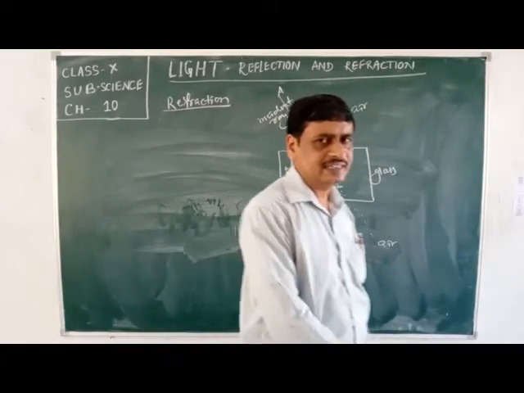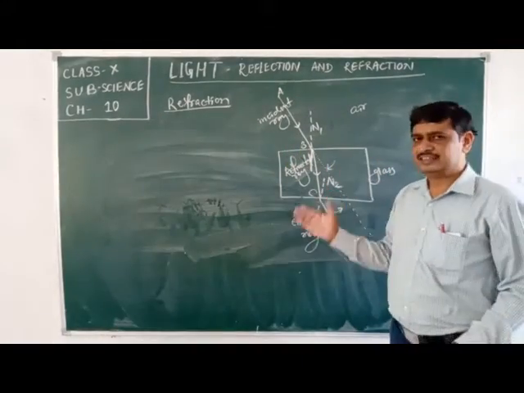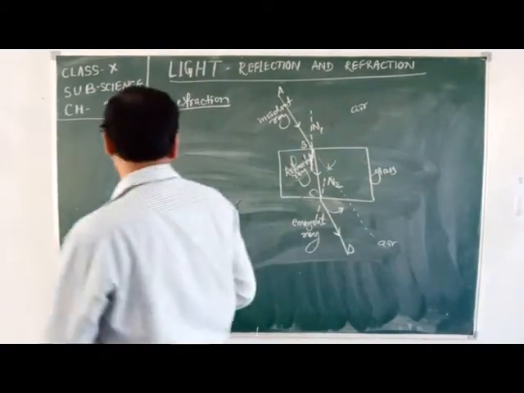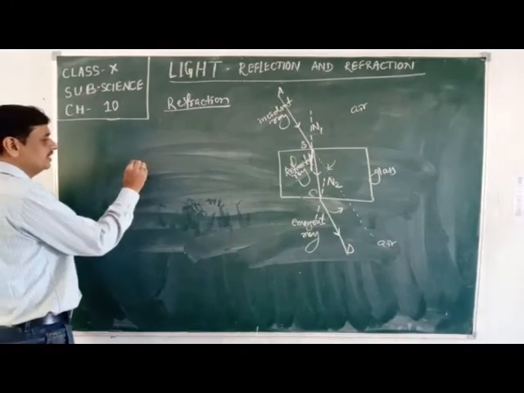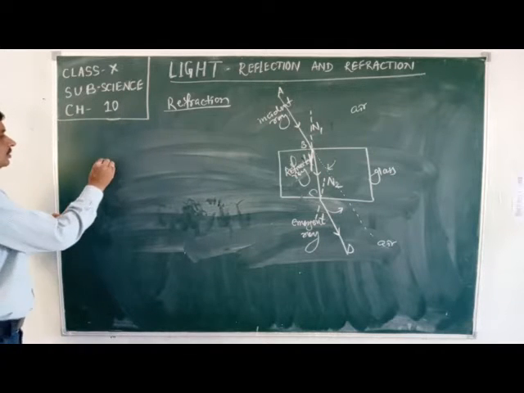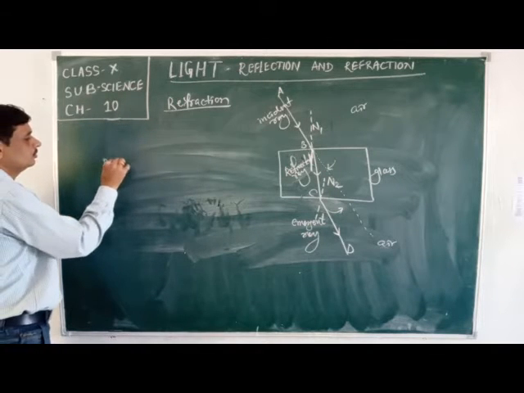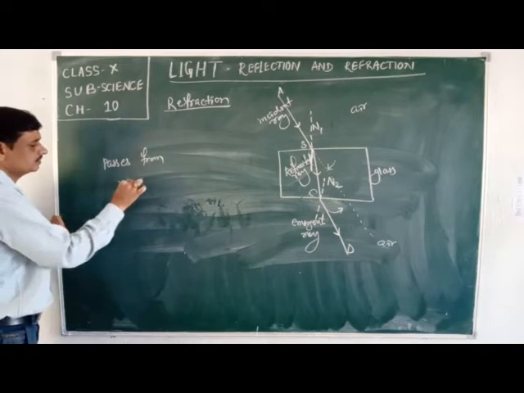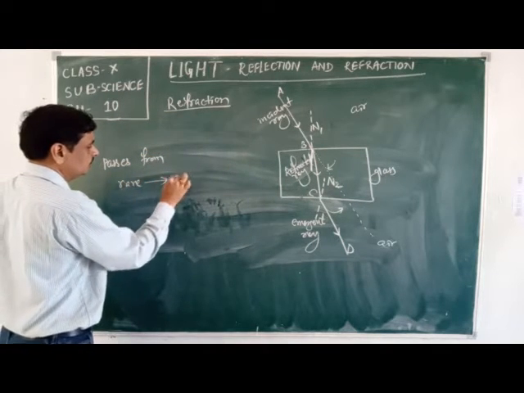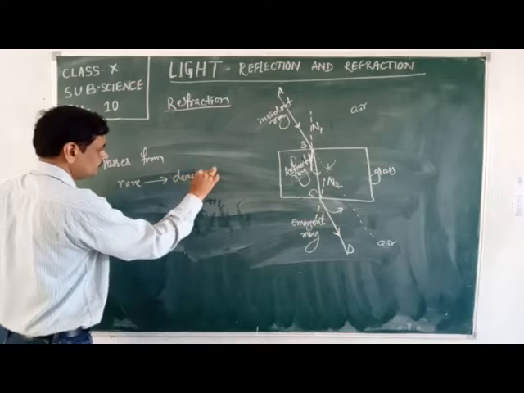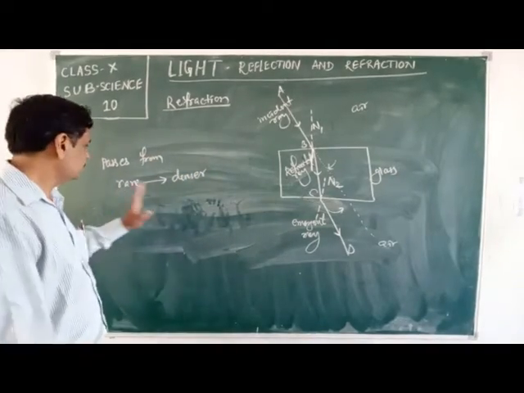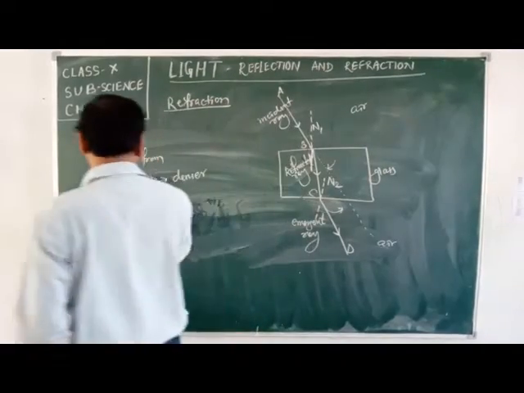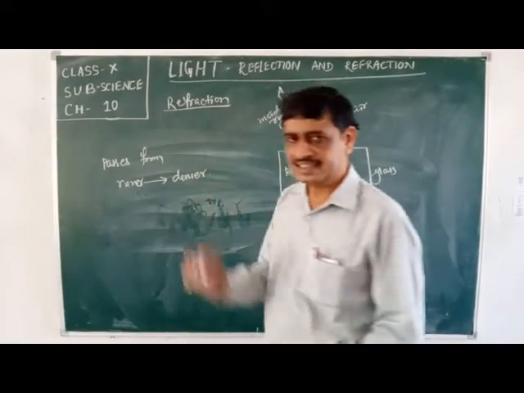So in which condition does it bend towards the normal and in which does it bend away from the normal? First, when the ray of light passes from rarer to denser medium. Rarer to denser. Two words are there. One is rarer and second one is denser.